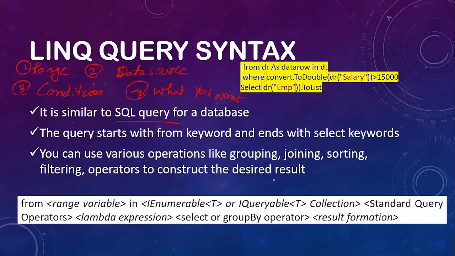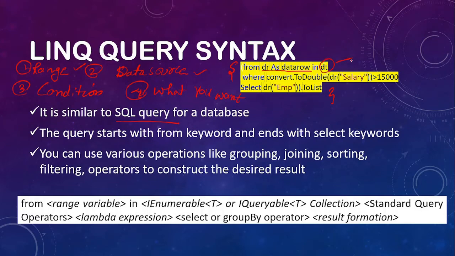Now, this is an example. Over here, dr as DataRow is my range variable. I'm saying, go through all the data rows. My data source is the data table.